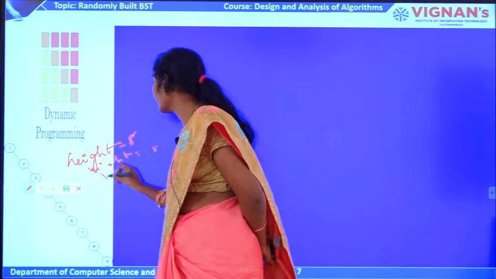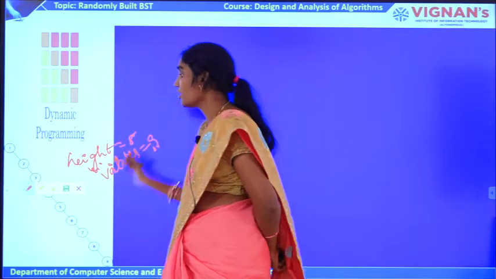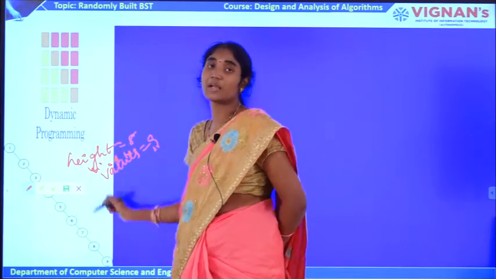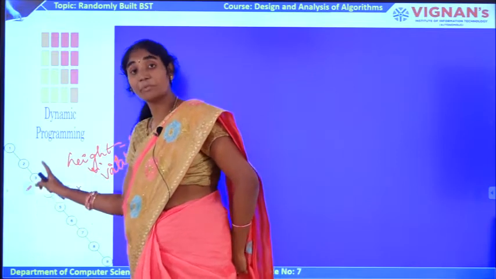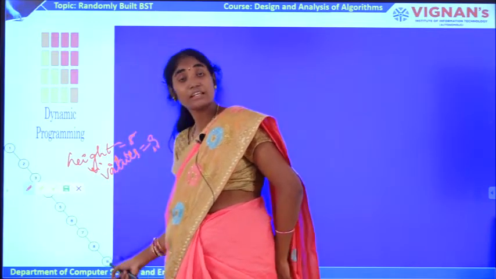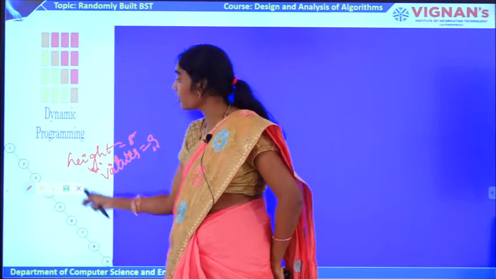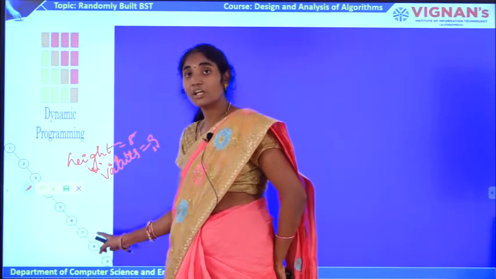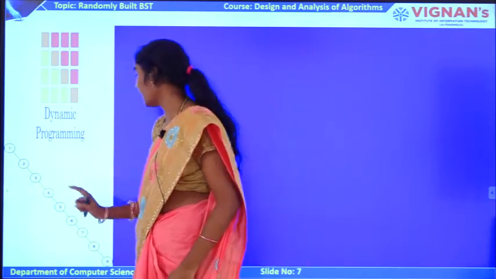And how many values are there? The number of values is 9. So for 9 values I am having the height as 8, right? When I am constructing the BST, this also satisfies the BST invariants or BST rules, right? So this is a BST, but whose height is 8 and the number of values is 9, right?